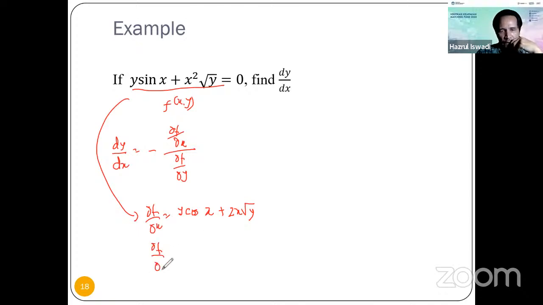And ∂f/∂y is equal to sine x, because the derivative of y is 1, plus x², and the derivative of square root of y is a half y to the power of minus a half.